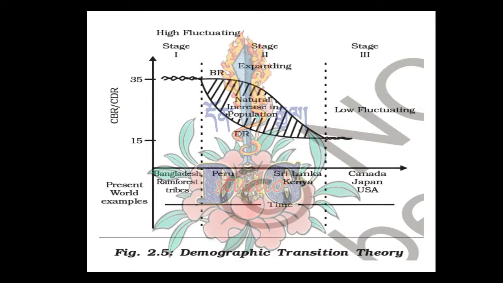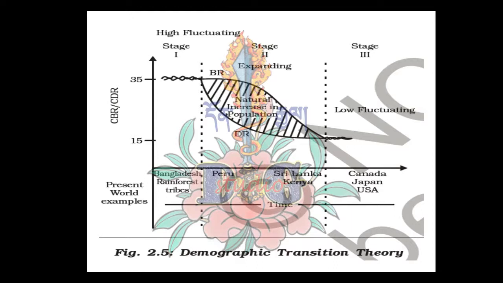Why very low death rate? Obviously we can understand, right? Better medical facilities, better food security, better transport and communication facilities. Why very low birth rate as compared to the first and second stages? Because in these countries women socially have more freedom, better literacy rate, better family planning.